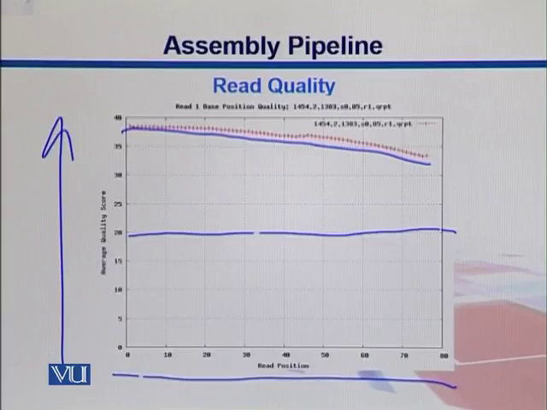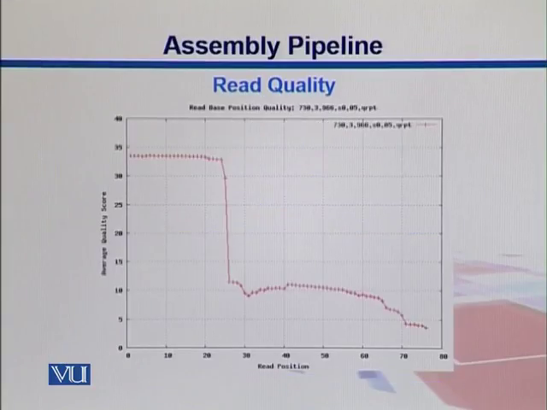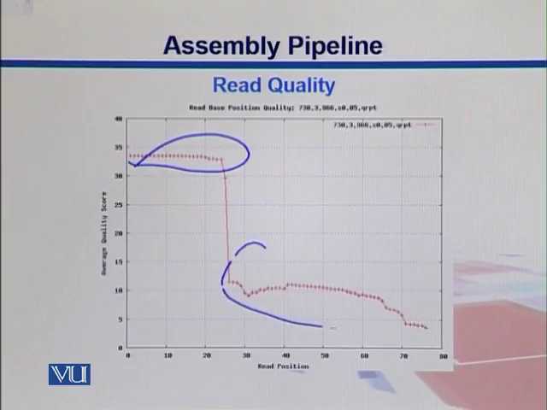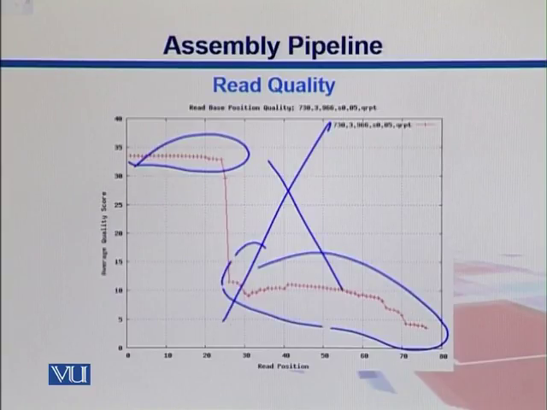This is the example of good quality data compared to this one with bad quality data. In the beginning the qualities are really good, but somewhere in the middle they break off and go really low. So obviously this is data that has not passed through the quality filter.